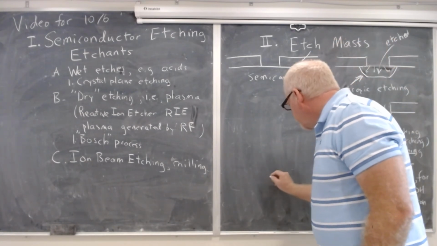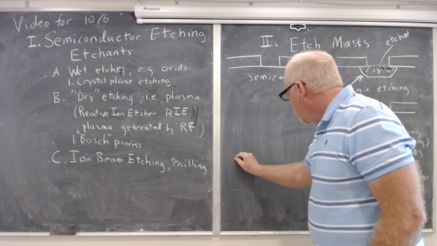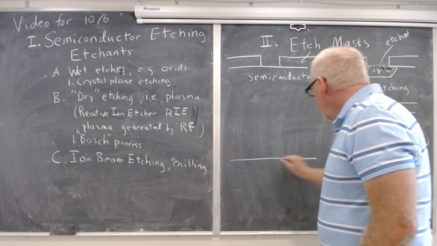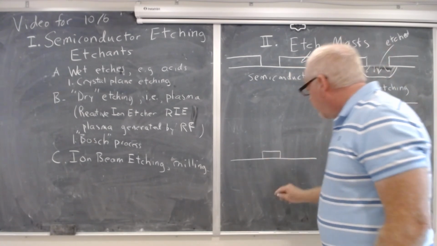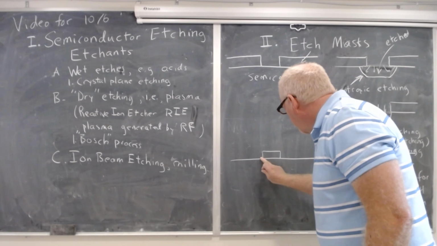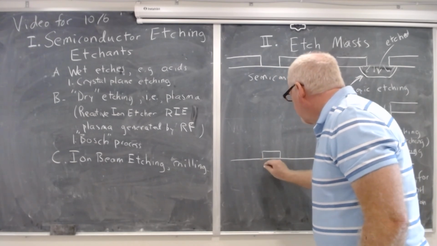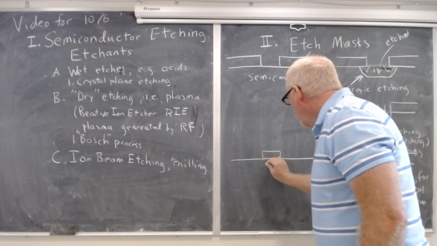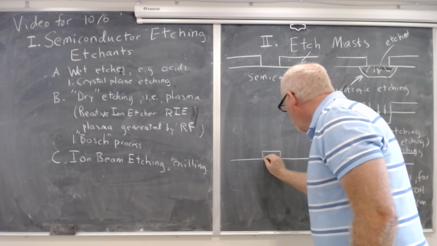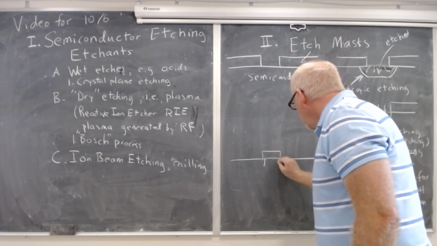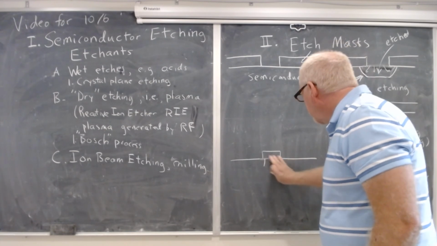In the Bosch process, if you have an etch mask, for example, a flat thing like that, and if I perform an etching, I will start to get some etching like that, where it goes in a little bit.